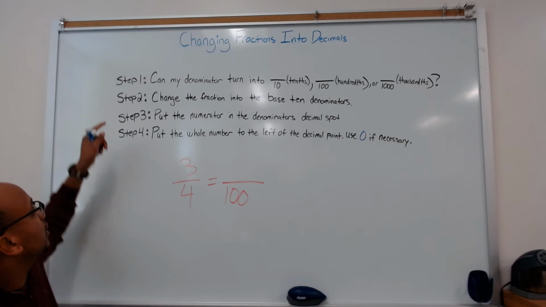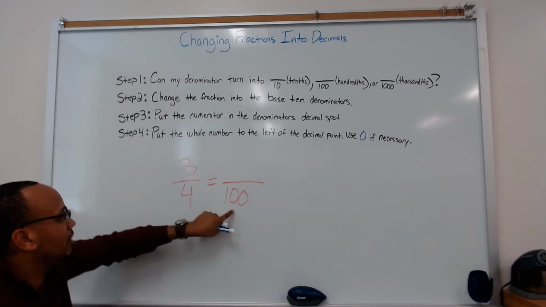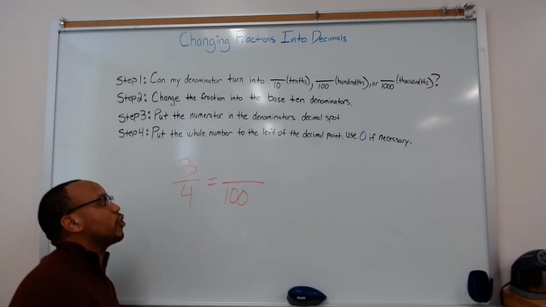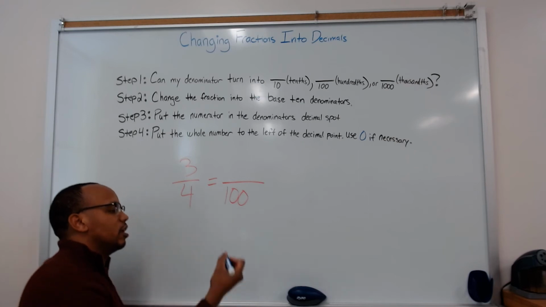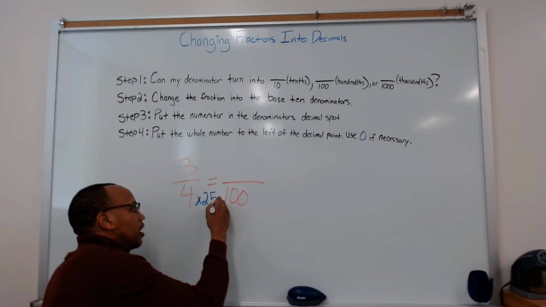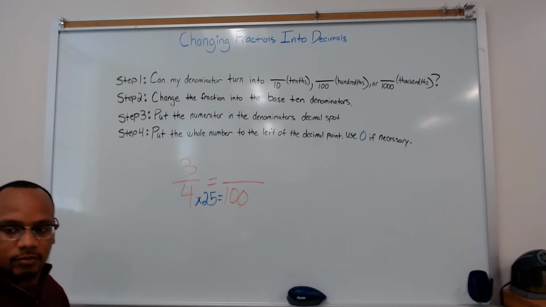Right? Step 2, I'm going to actually change the fraction into a base 10 denominator, into hundredths. So, like I said, 4 quarters equals 100 cents. So 4 times 25, because a quarter is worth 25. 4 times 25 equals 100.